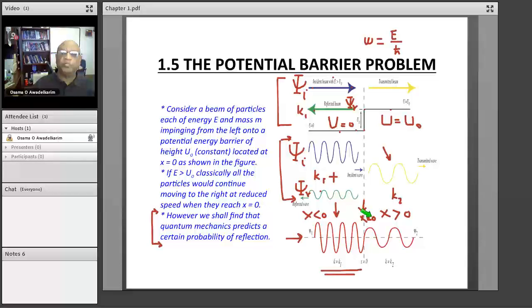So to have a meaningful wave function, this wave function and its derivative should be continuous at x equals 0, meaning the value of the left-hand side wave function at x equals 0 should be equal to the value of the right-hand side wave function at x equals 0, so that we get continuity at this point. The two values of the wave function at this point should be the same.